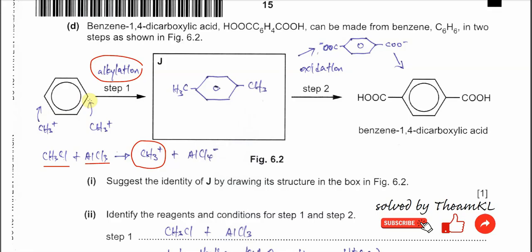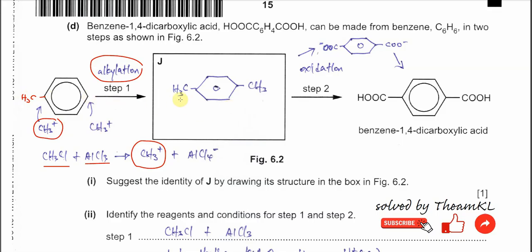Actually it's step by step. First it will form methylbenzene, then the methylbenzene will direct another substitution to the 4th position. So it's actually one by one.